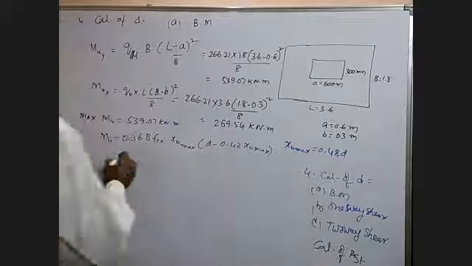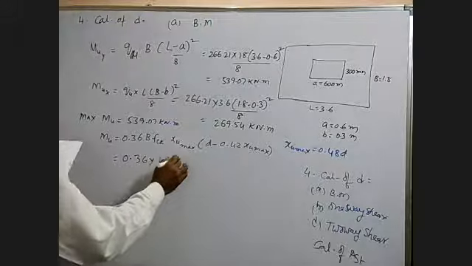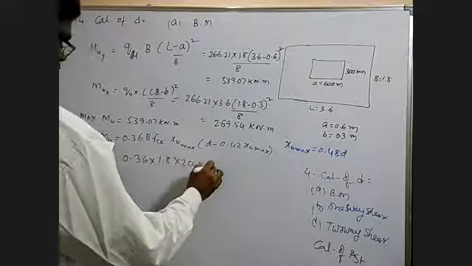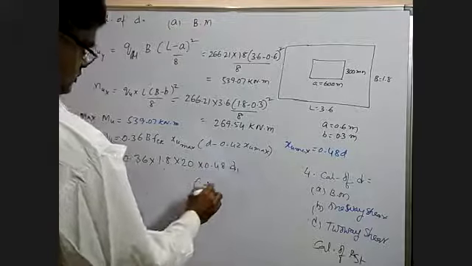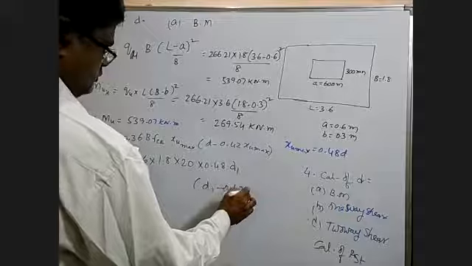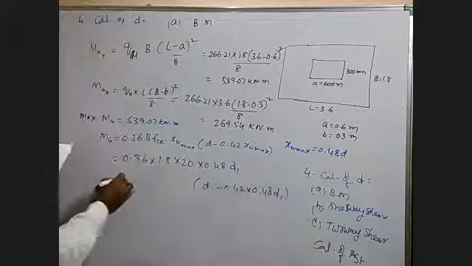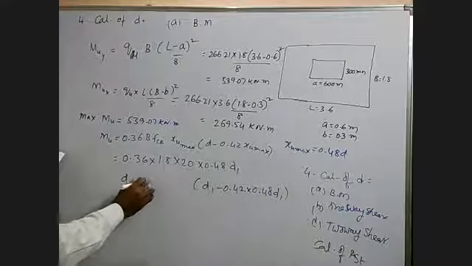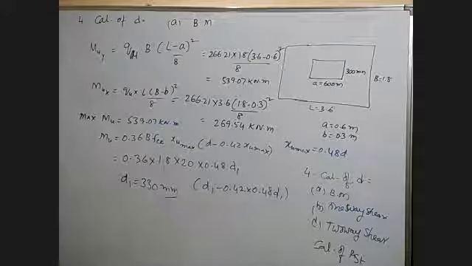So substitute the values here. If you solve this, you will get the D value 330. This is the bending moment criteria. It's only a substitution of the values.